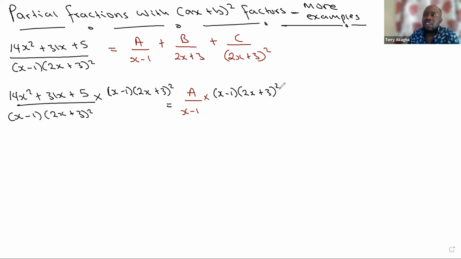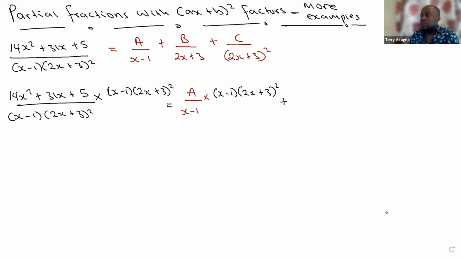Usually in an exam or in a test, you don't need to do this step. You can just jump straight and know what it will give you. But because I'm explaining it to a larger audience, and I don't know what stage anybody is at, I'm going to show all steps so that it will be easy for you to follow.